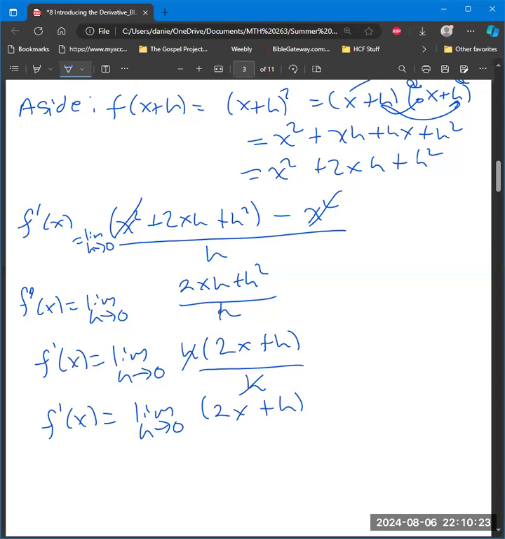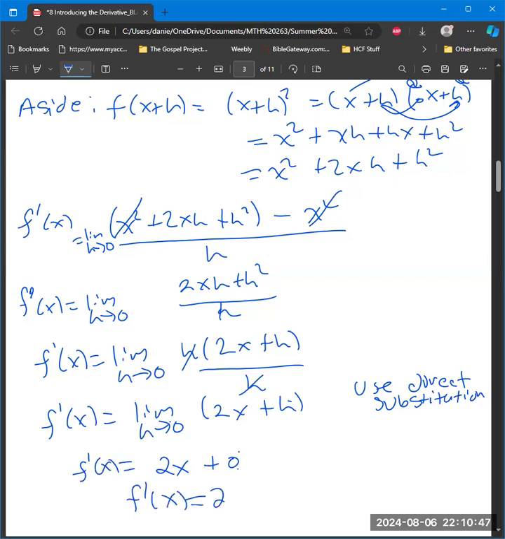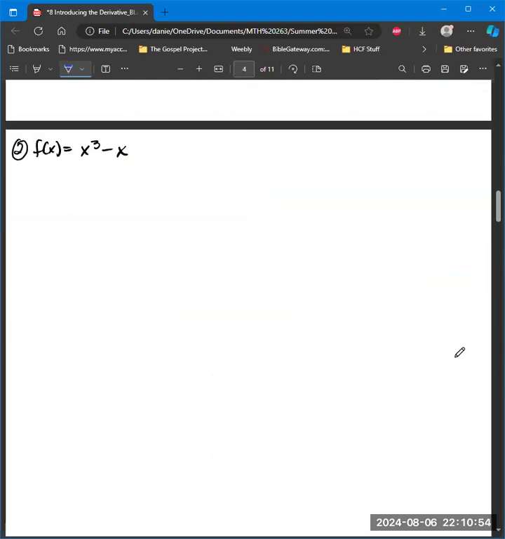Now we're going to be able to use direct substitution, now that that discontinuity is gone. So this is going to be 2x plus 0. Notice when I make the substitution, the limit symbol goes away. All right, that's going to be that example.